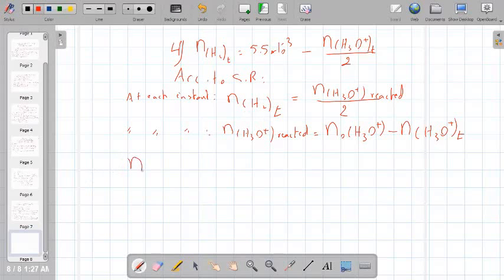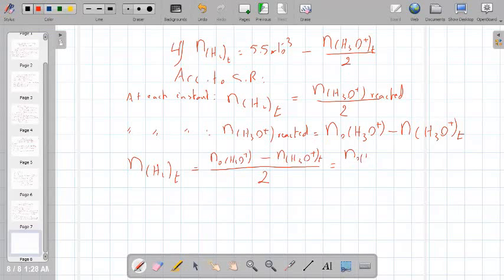Then NH2 at instant T equals over 2, we replace the number of moles of H3O plus reacted by N0 minus N left: N0 H3O plus minus N H3O plus at instant T, equals N0 H3O plus over 2 minus N H3O plus left at instant T over 2.